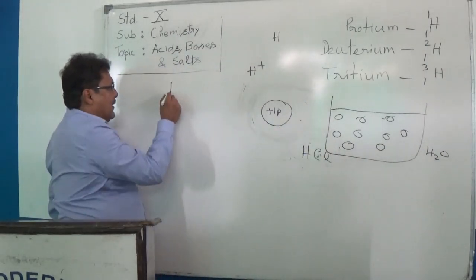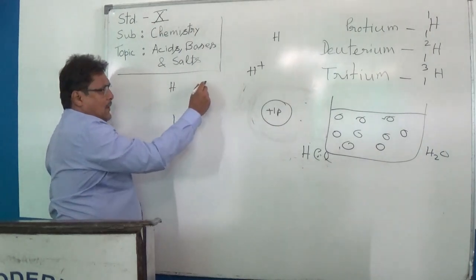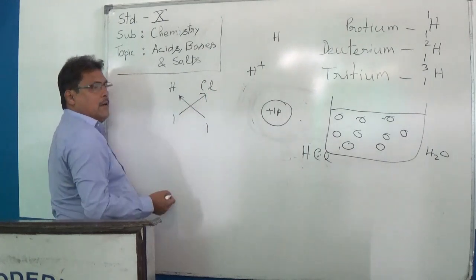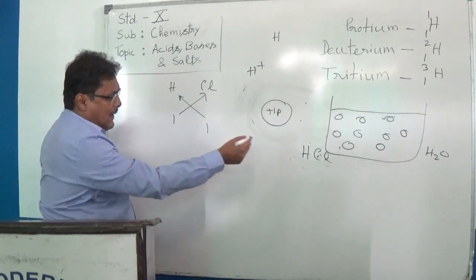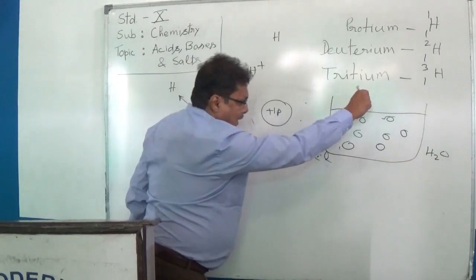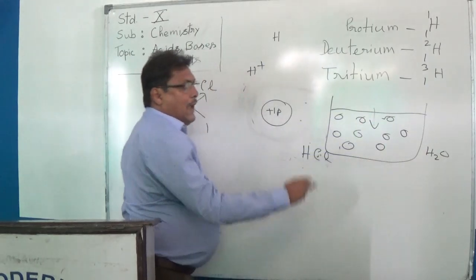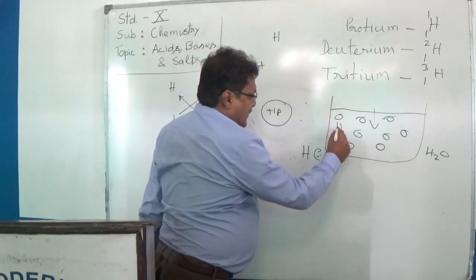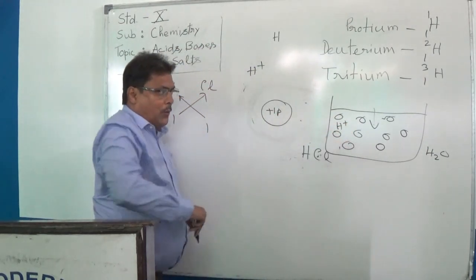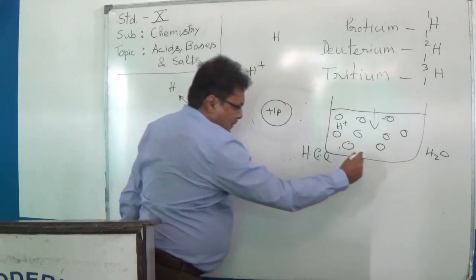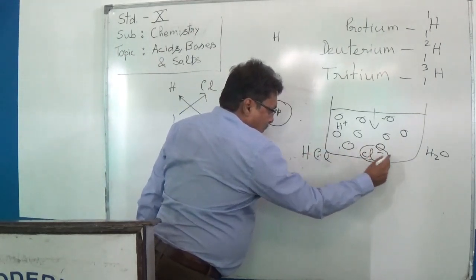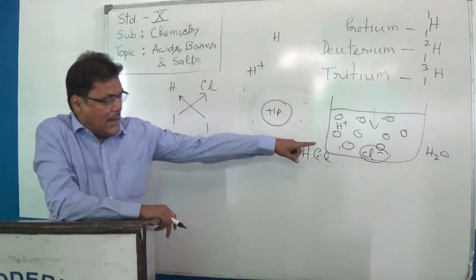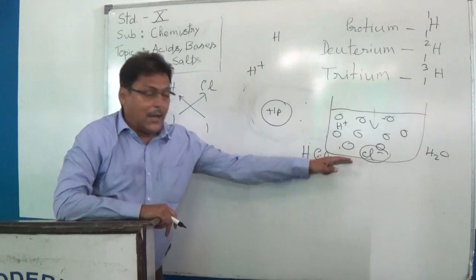What is HCl? H has valency 1, Cl has valency 1, they cross over to make HCl. So when this HCl goes into these H2O molecules, they dissociate and give H plus, which is a proton, and Cl minus, because it is a non-metal. It will produce an anion. Leave it for the time being.